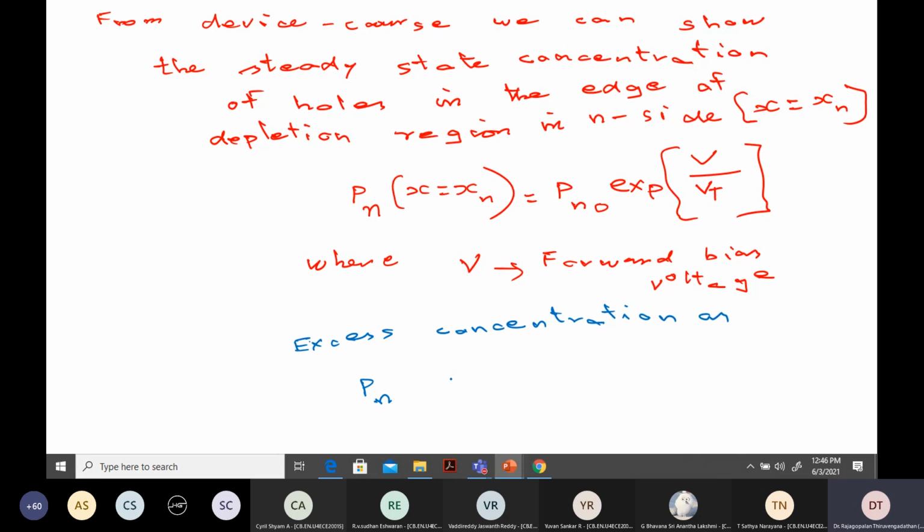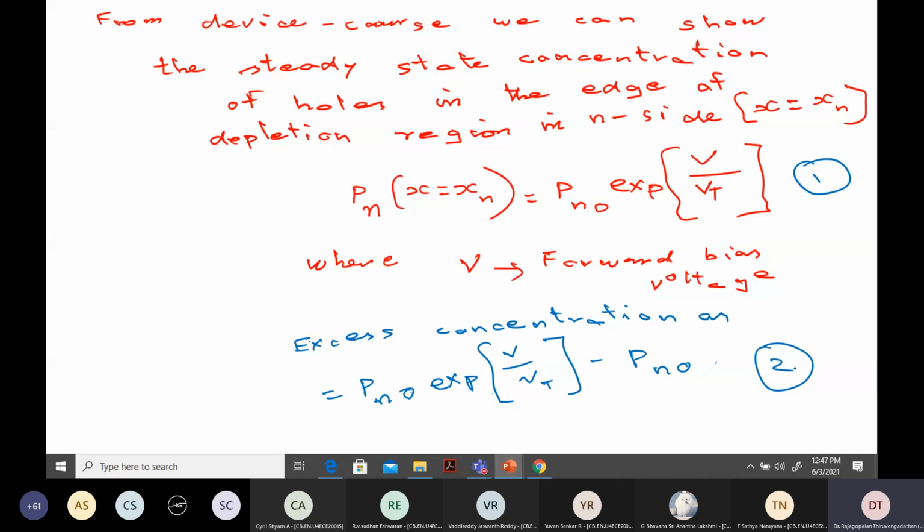Effectively the excess concentration will be equal to Pn naught exponential of V by Vt, which is the total, minus Pn naught, the equilibrium value. Let us say this equation I call 1, and this equation I call 2. So this is the excess concentration.